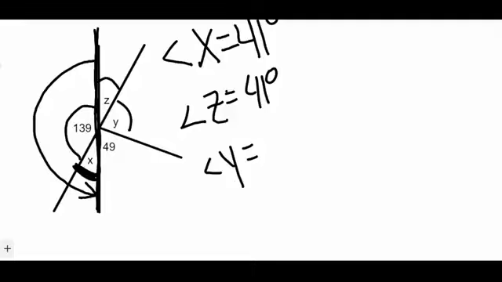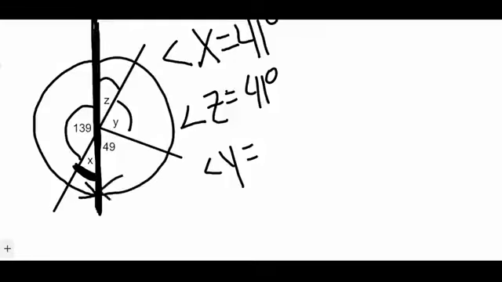All right, so now we need to focus on finding angle Y. What I'm going to do to find angle Y is use this straight line still that's right there up and down, and I'm going to use the opposite side of it. I'm going to use the same concept of a straight angle totaling 180 degrees, but now I'm looking at the right side. So angle Z plus angle Y plus that 49 have to equal 180 degrees.